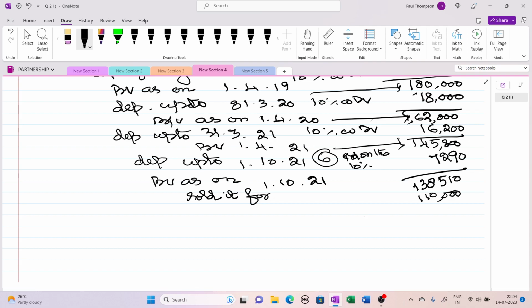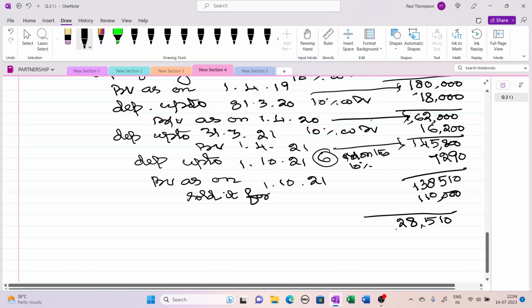So the book value was more. So it was sold at a loss of 28,510 rupees. So this will go to your P&L account because it is a loss.